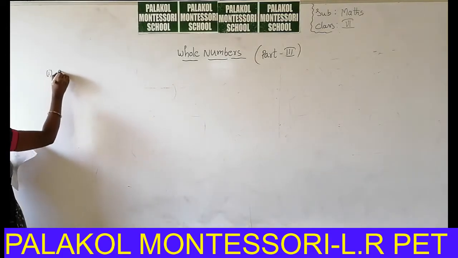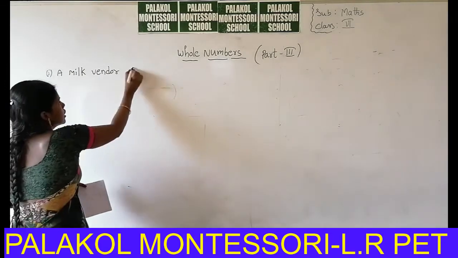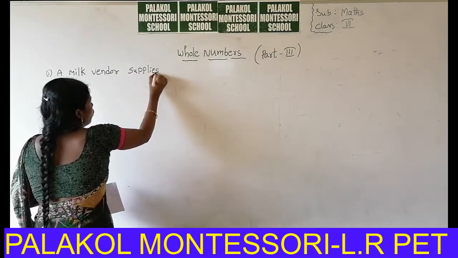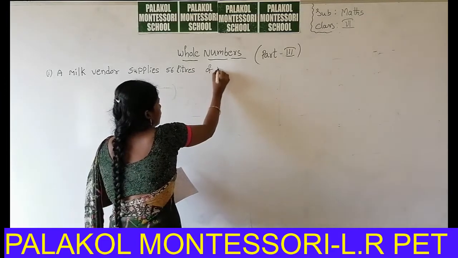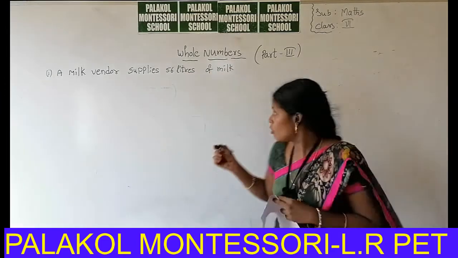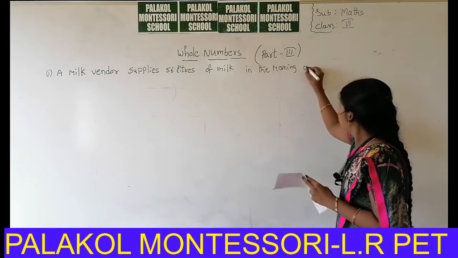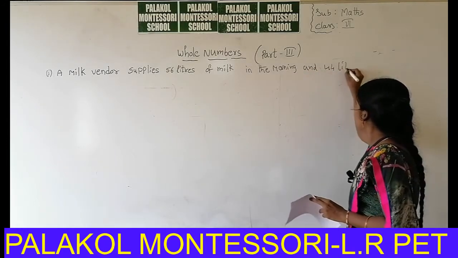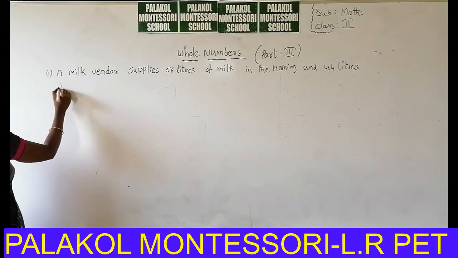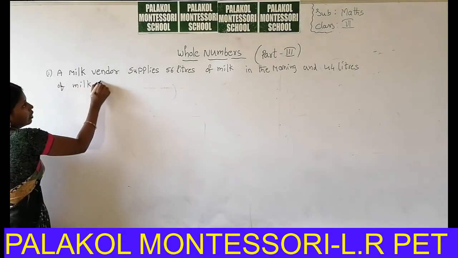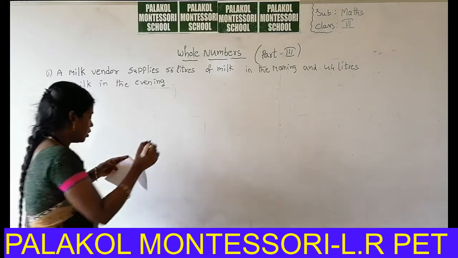Next problem. A milk vendor supplies 56 liters of milk in the morning and 44 liters of milk in the evening to a hostel.